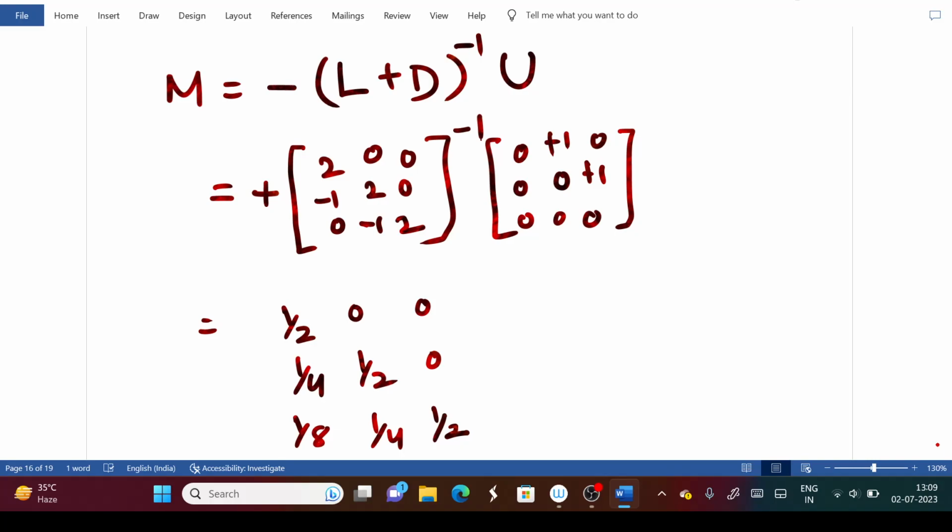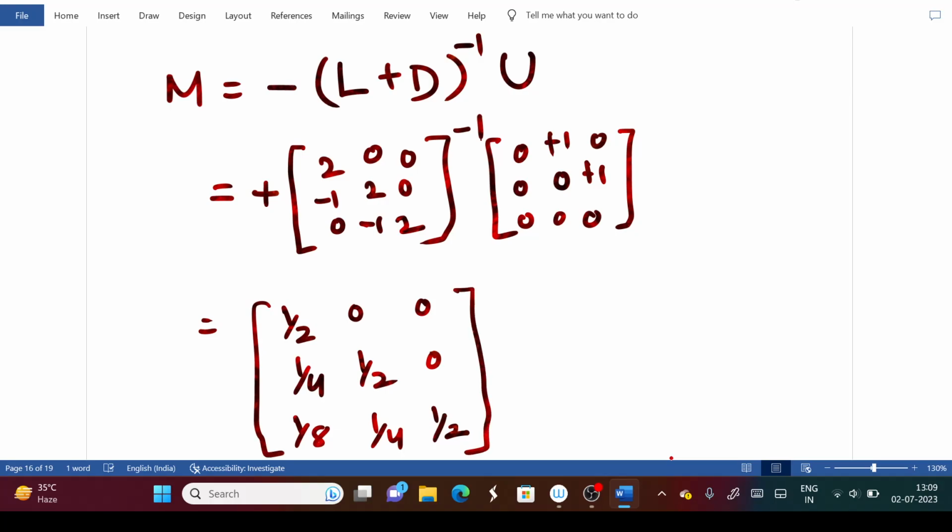Is it 1 by 2 or what? I have to verify the last element. Let me write this down, then finally we will verify.